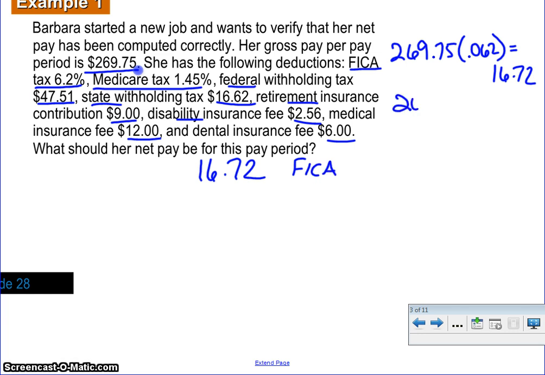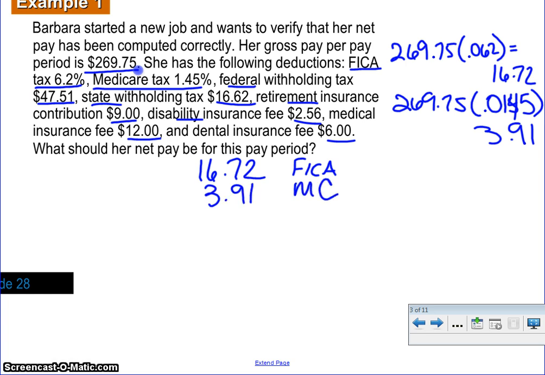Next, I take the same $269.75, her paycheck, and I multiply it by 0.0145, which is that Medicare, and that comes to $3.91. So we have $3.91 for Medicare.